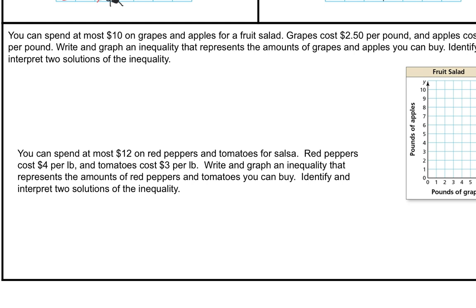Grapes cost $2.50 per pound, and apples cost $1 per pound. Write an inequality that represents the amount of grapes and apples, so the amount of grapes and apples you can buy. Identify and interpret at least two solutions.